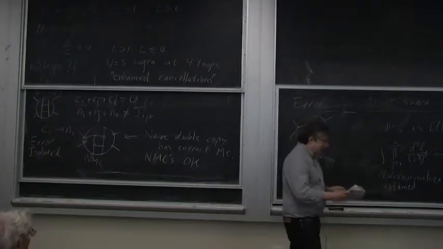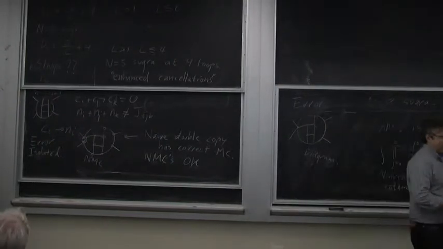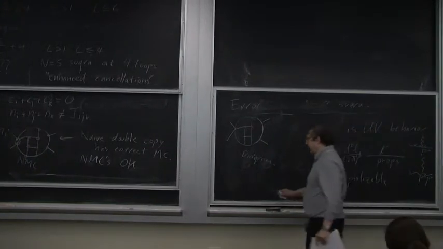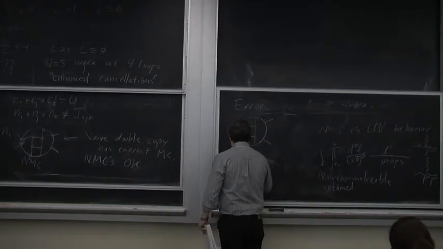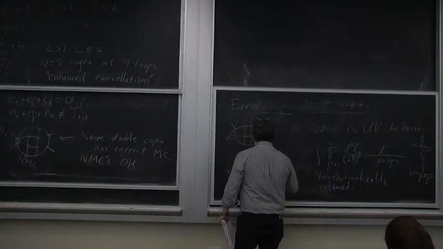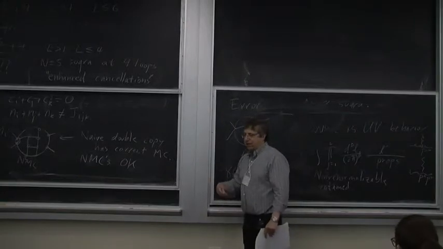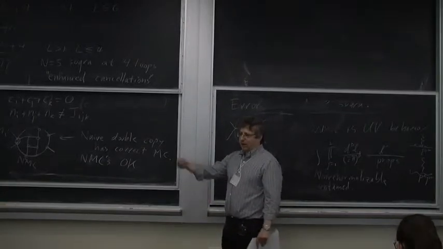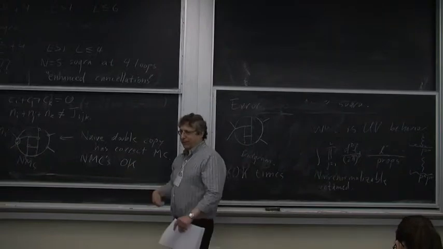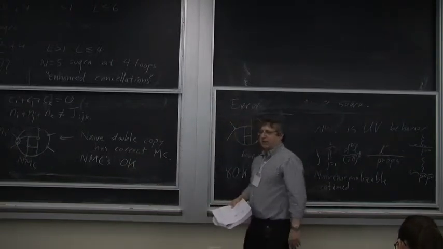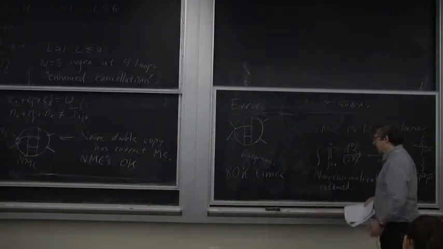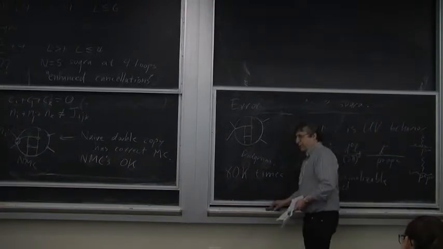Okay? Now there's a little bit of a problem here because it turns out you have to do this about 80K times because you have to go through next square maximal cuts, next cube, next fourth, next fifth, next 6 maximal cuts. So it's still kind of daunting. So then what do you do?